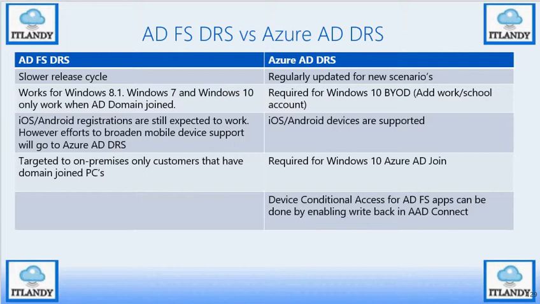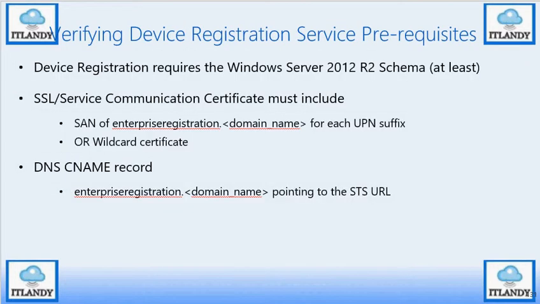Now, what do I need to do? You need to verify the device registration service prerequisites. What are these? At least my schema needs to be 2012 R2 and above. I need a certificate for communication that must include the SAN name for enterprise registration.